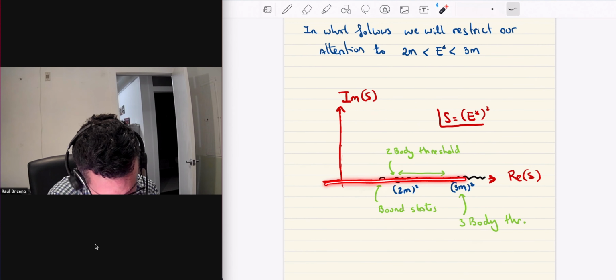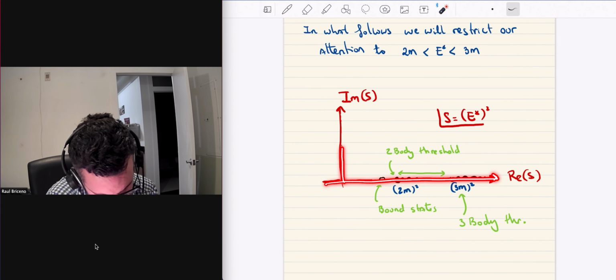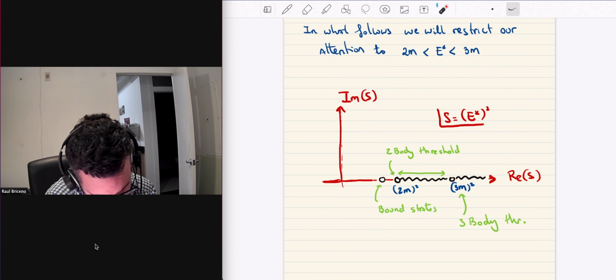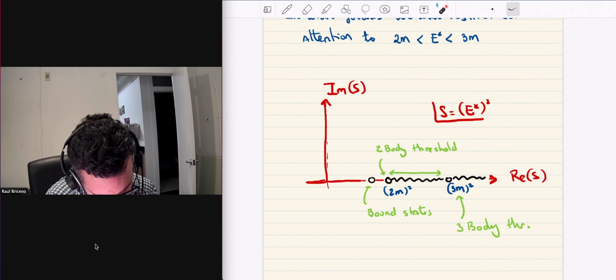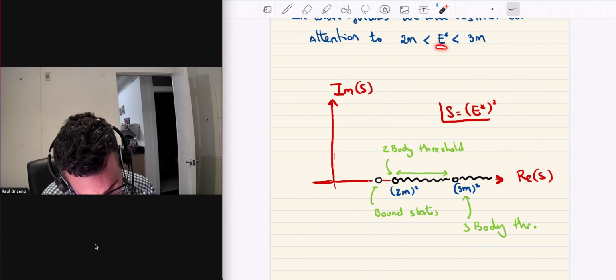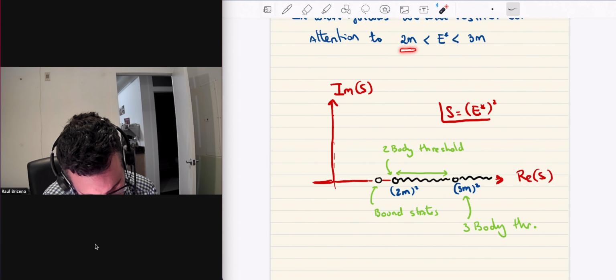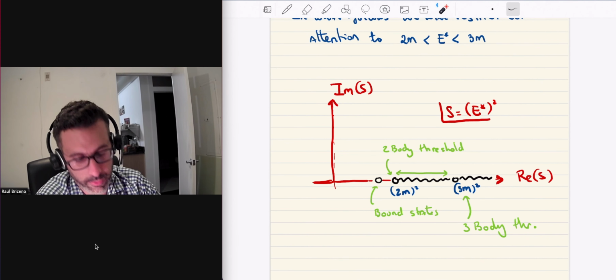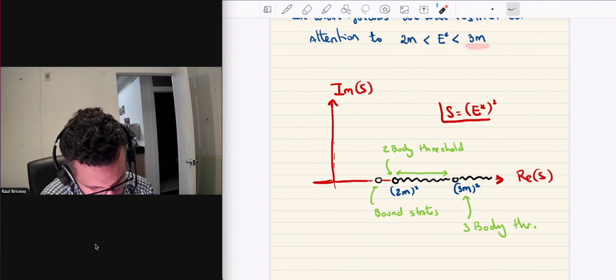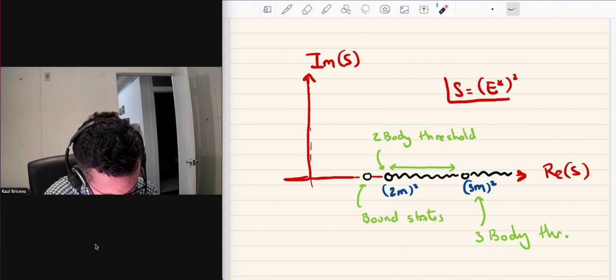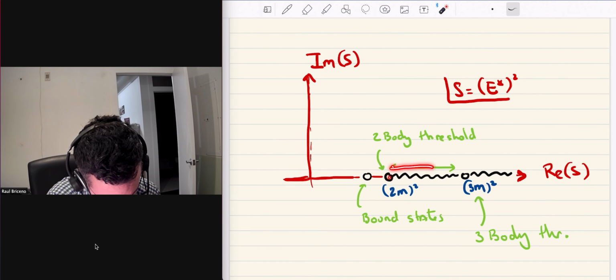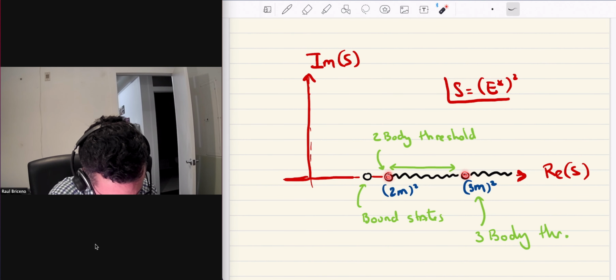So this is the real axis of S, this is the imaginary axis of S, and we're going to restrict our attention to the kinematic region where only 2 particles can go on shell, so above the 2-particle threshold, but below the 3-particle threshold. Okay, and in the complex plane, we're going to mostly be restricting ourselves to the real axis. It's just epsilon above the real axis, above the 2-particle threshold, but below the 3-particle threshold.